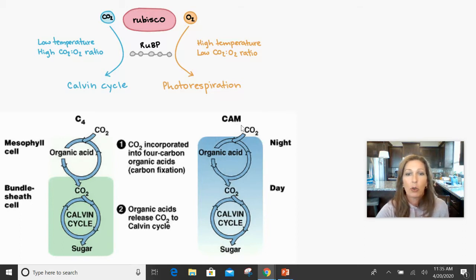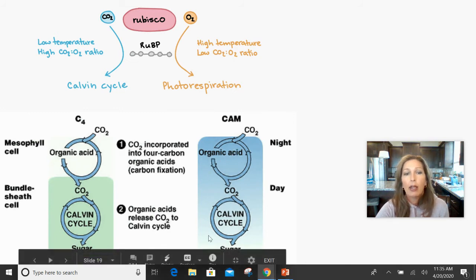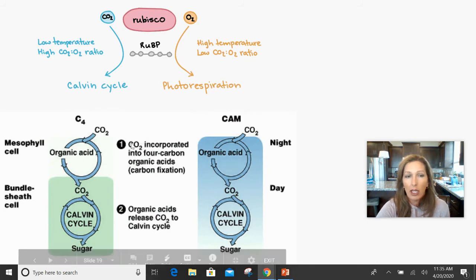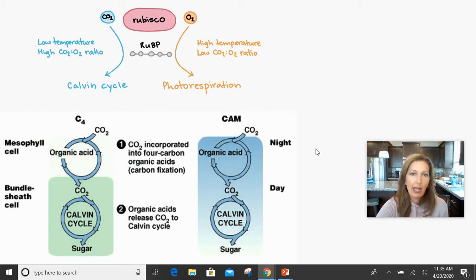So they're fixing carbon dioxide at nighttime, and then during the daytime, when the light reaction can take place, they release the carbon dioxide from the organic acids and the Calvin cycle takes place at that point. So those would be some evolutionary changes to combat that water loss and also that photorespiration that happens in dry, arid environments.